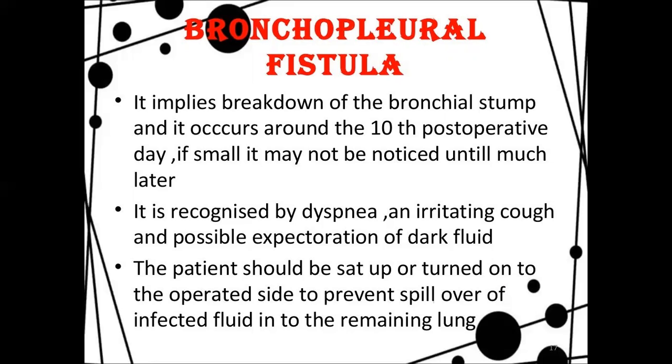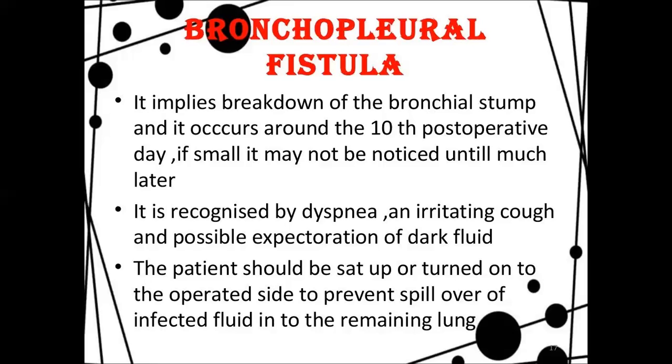Bronchopleural fistula implies breakdown of the bronchial stump and it occurs around the 10th postoperative day. If small, it may not be noticed until much later. It is recognized by dyspnea, an irritating cough, and possible expectoration of dark fluid.